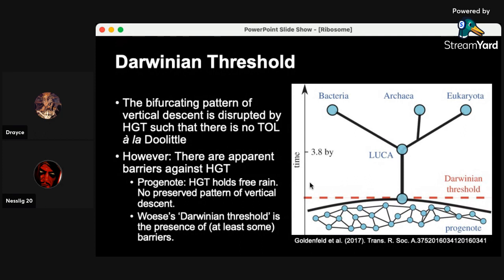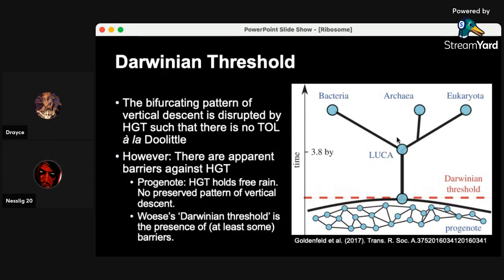And because it holds free reign, there was no preservation of vertical descent, so you have no tree-like phylogenetic pattern. Carl Woese called this phase the progenote, a phase of life where you have no barriers against horizontal gene transfer.